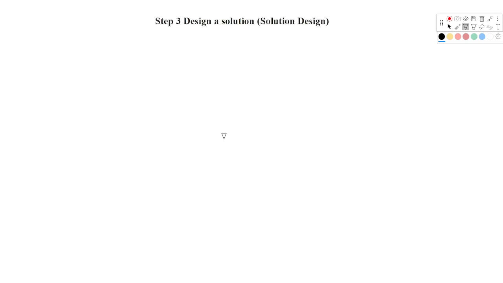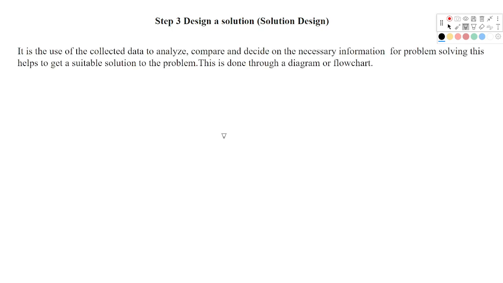Now, let's move to step number three. The first step was identify the problem. Step number two was to collect information, to gather information about the problem. Then number three is to design a solution. This is what we call solution design.